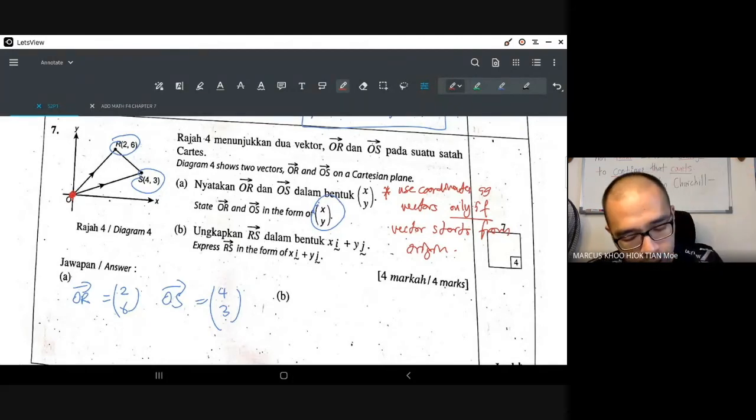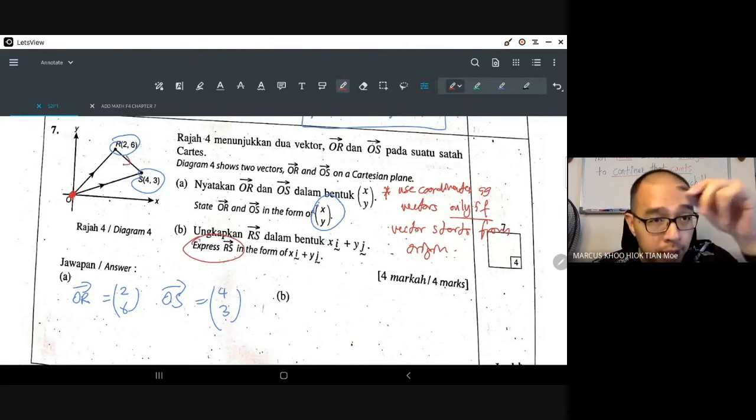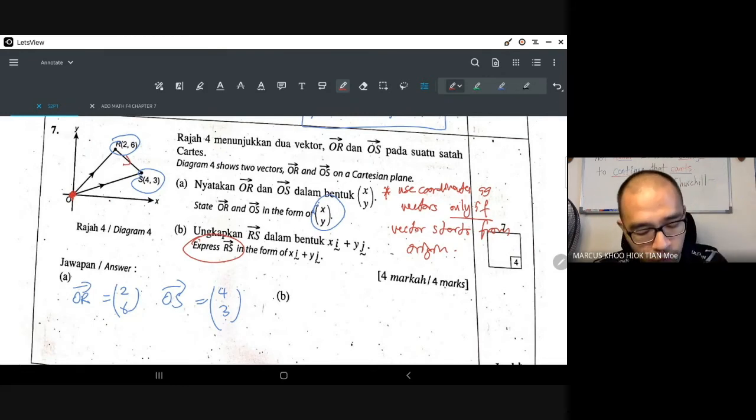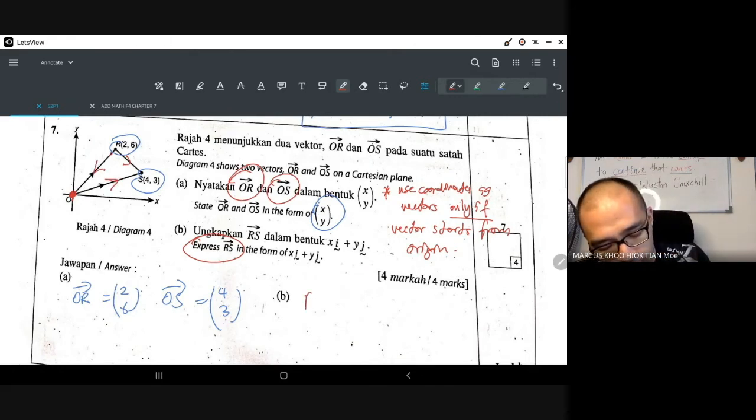Okay, and then express RS. Now R to S, this is the shortcut. But the long cut is because we have OR and OS. So RO plus OS. So RS equals to RO plus OS.